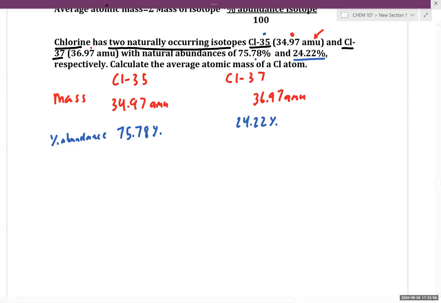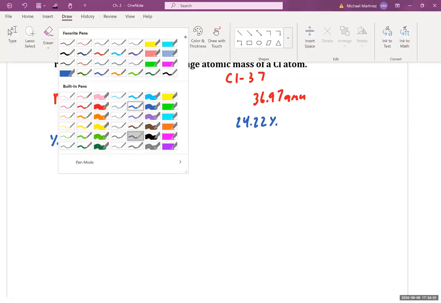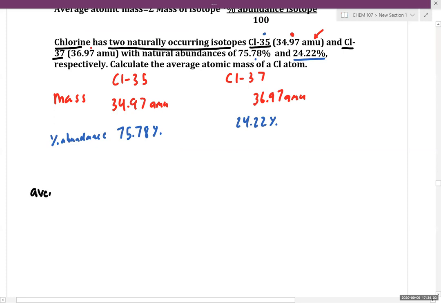So then we now have all the data that we need to plug into our average atomic mass.